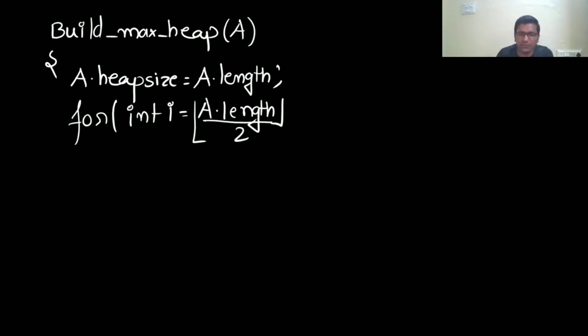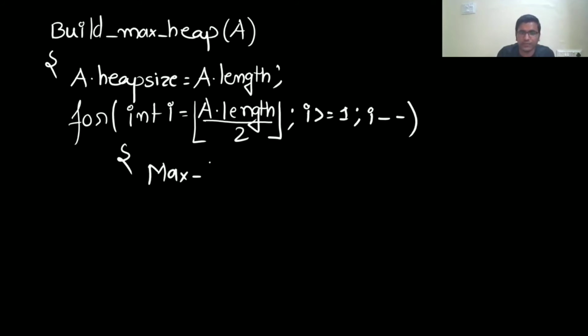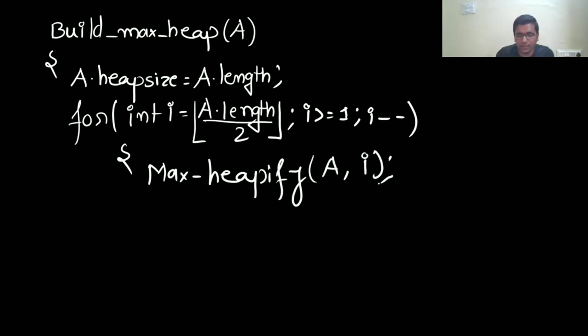No need to even write floor, array length by 2 is going to be the floor only. Since it is pseudo code, that's why I am writing floor and all. Now i should be greater than or equal to 1, and i minus minus. I will call max-heapify on array A and i.